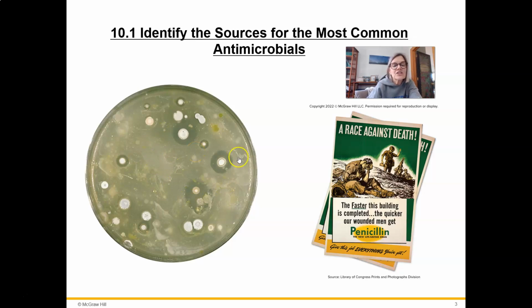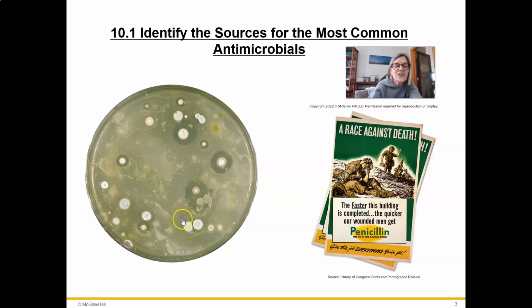If you take some bacteria and just spread it on an agar plate, all this cloudiness in the background is bacteria, and these colonies right here are also different kinds of bacterial colonies. Now, what you notice on this plate, which has been growing maybe for a few days or a week, is there's a clear zone around some of these colonies.